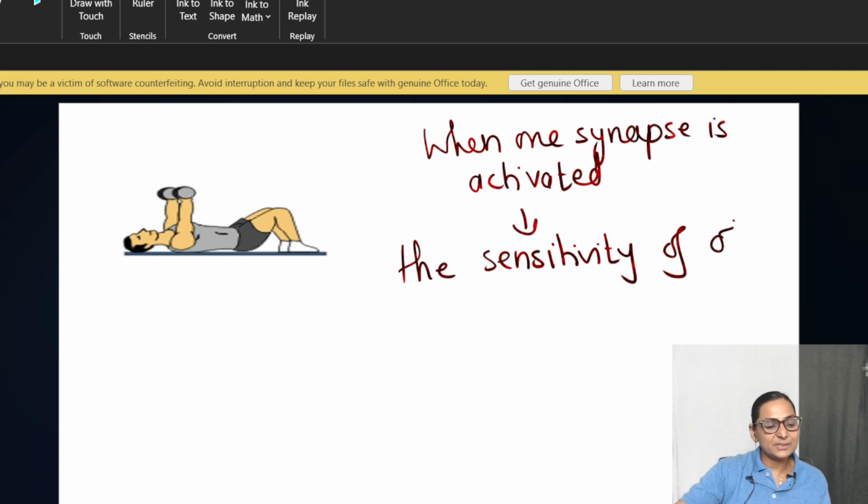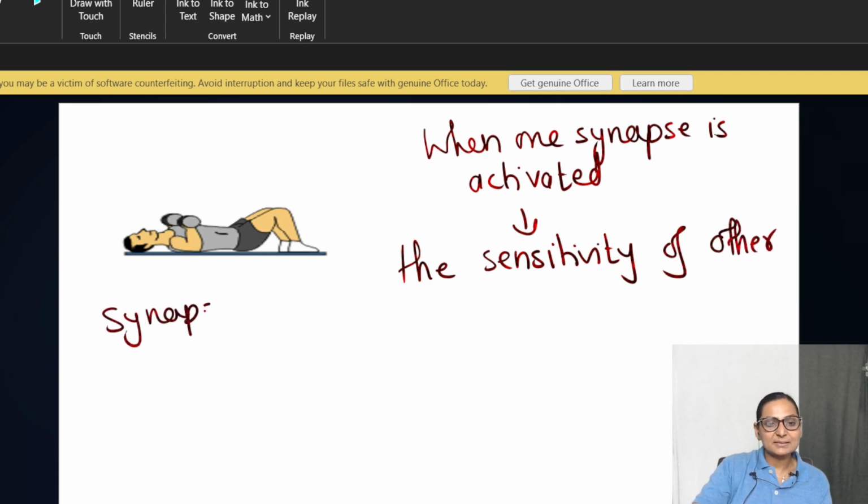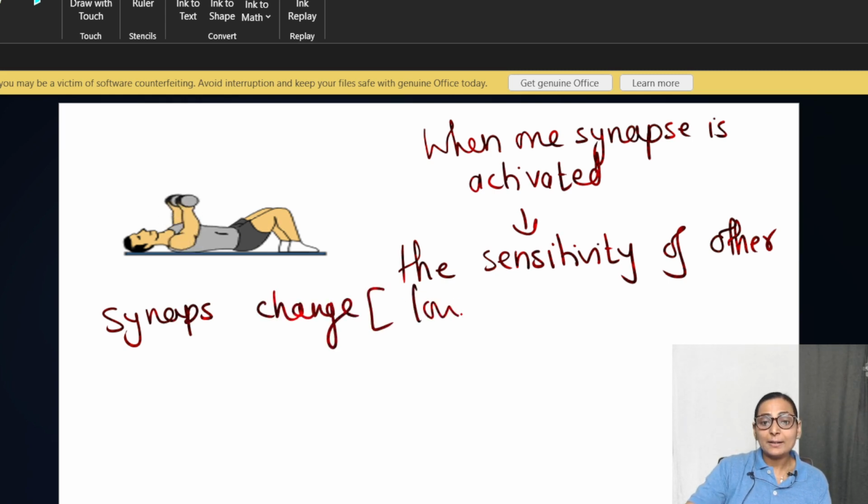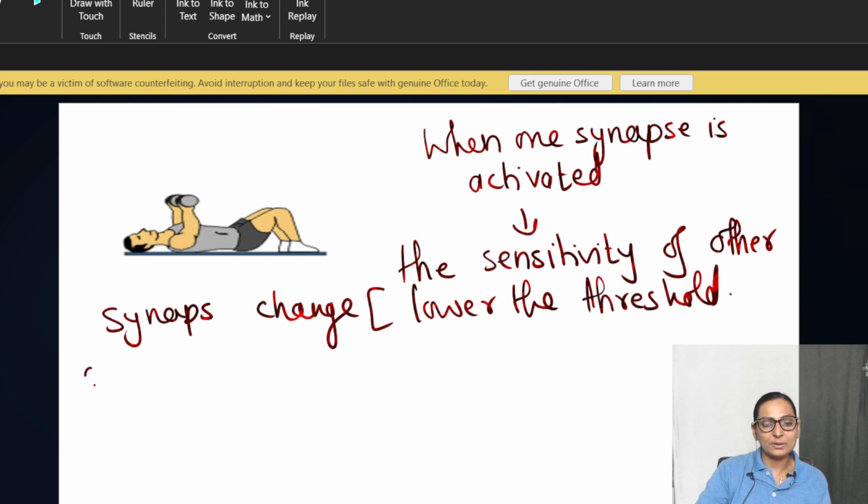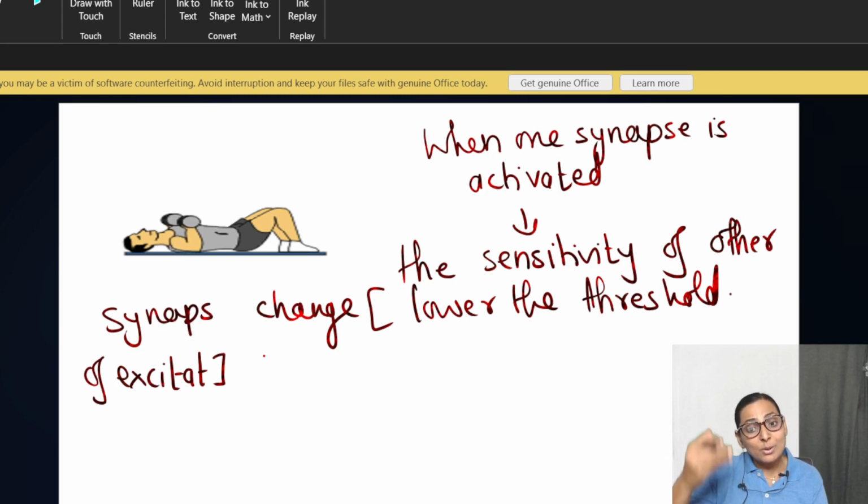The sensitivity of other synapses can change. That means you can lower the threshold of excitation of those. मतलब अभी वो कम stimulus पर भी excite हो गए.